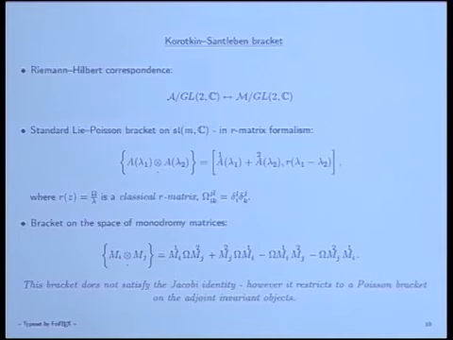On the space of solutions of the Schlesinger equations, you have the standard Lie-Poisson bracket, I mean, the standard linear Poisson bracket. And essentially what Korotkin and Samtleben did was to transfer this bracket to the space of monodromy matrices. In particular, you can formulate the Poisson bracket on SL(2,C) in R-matrix formulation, which is very cute.